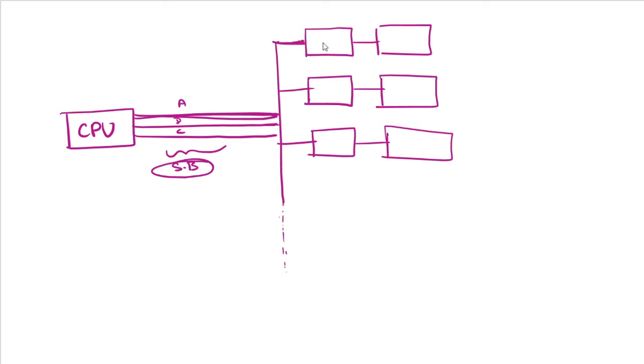but it is not directly connected to all the IO devices. It is connected to IO devices via IO interface. There is something called an IO interface for each IO device, for example IO1, IO2, IO3, with IO interface 2, IO interface 3.